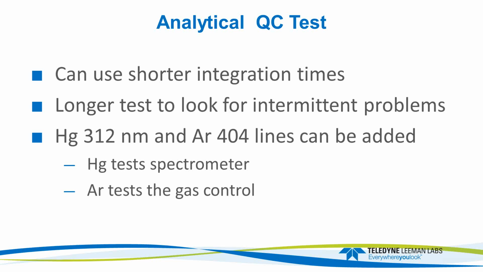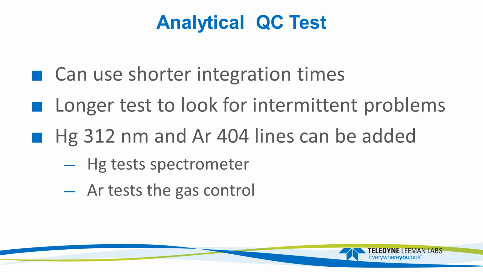Interpretation can be a little trickier. You may have to ferret out some more information. So I don't really look at it as being a basic test. It's a little bit more advanced, but you can do that. Just when you do that, you have to make sure that that mercury lamp or the mercury line is set up in the mercury lamp view, so it switches to that, so that you can actually see the lamp.